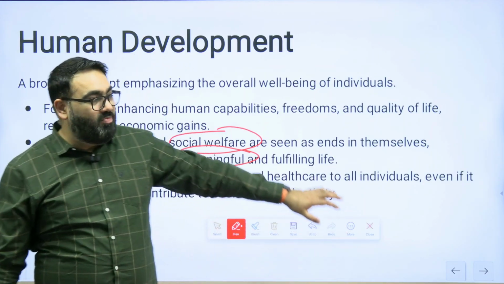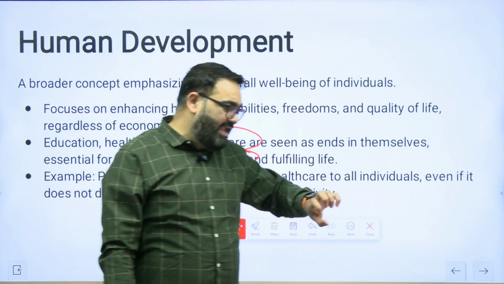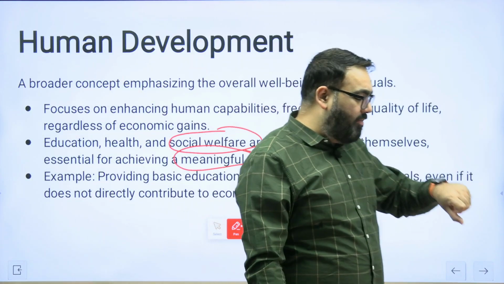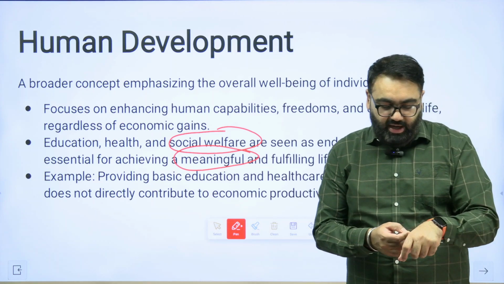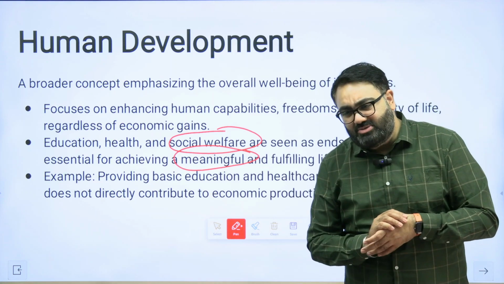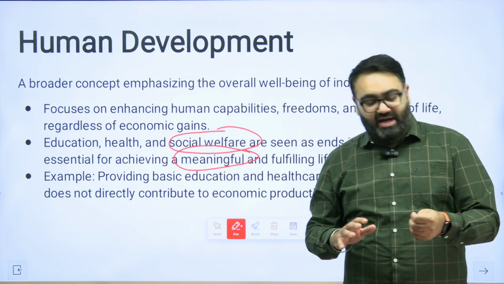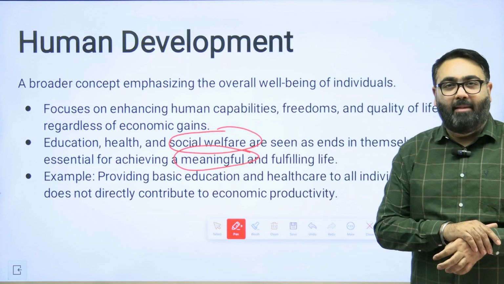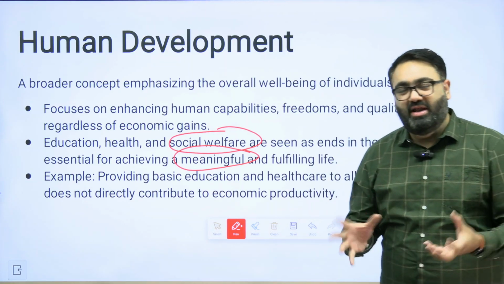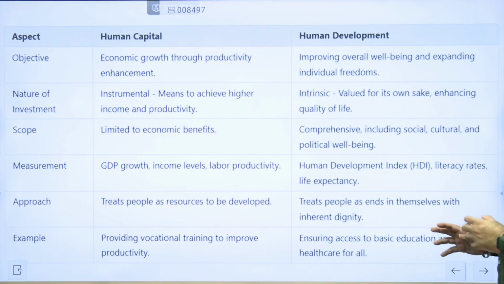In case of human development, the idea is not to extract a lot of economic resources from you. In case of human development, the idea is that are you happy, are you satisfied with the way that your life is going? As long as you are satisfied, as long as you are happy about your life, about your living status, etc., that is where human development is achieved. This is the difference between the two.